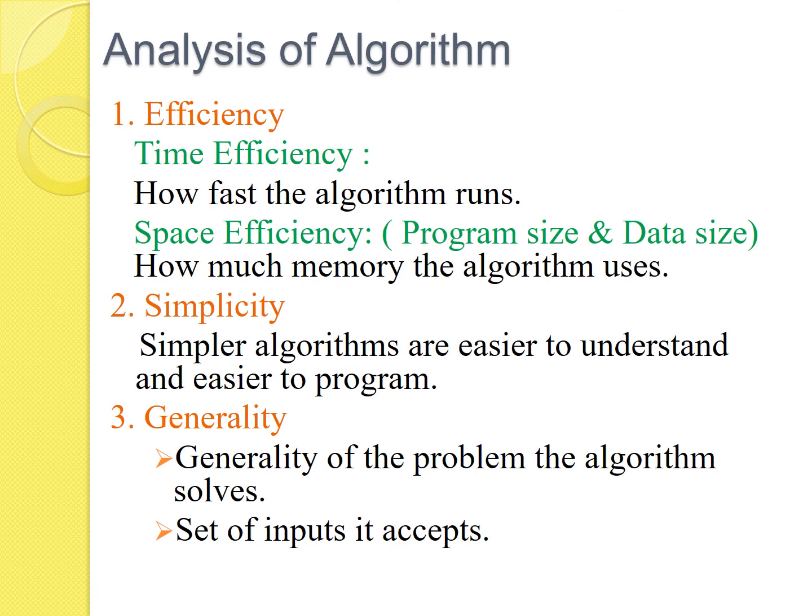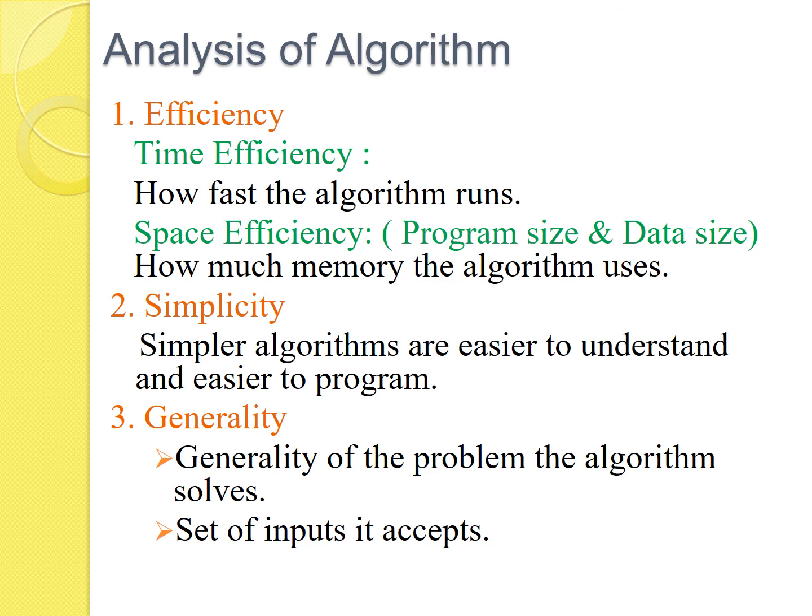The algorithm is analyzed on three criteria: the efficiency, the simplicity, and the generality. The efficiency of the algorithm includes the time efficiency as well as the space efficiency. The time efficiency specifies how fast the algorithm runs, while the space efficiency specifies how much memory the algorithm uses.